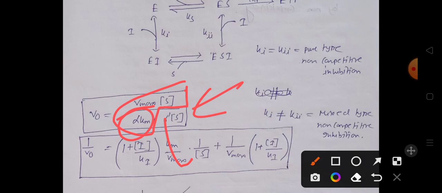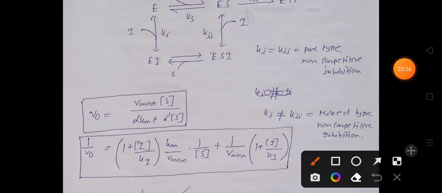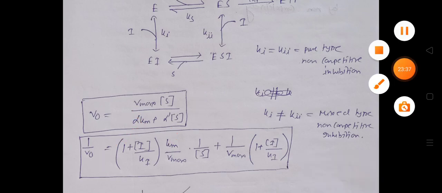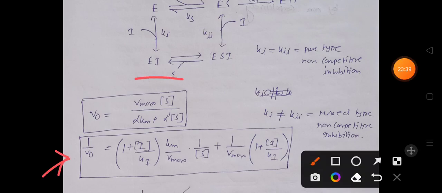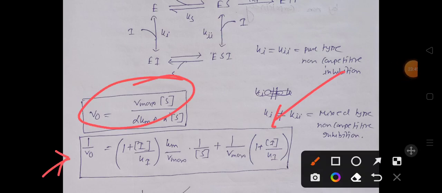And if we remove this alpha and add alpha dash only, then it will become the Michaelis-Menten equation for uncompetitive inhibition, right? Now by simply taking the reciprocal of this equation, we will get the Lineweaver-Burk plot equation for non-competitive inhibition. Okay, so that is the idea for our non-competitive inhibition.